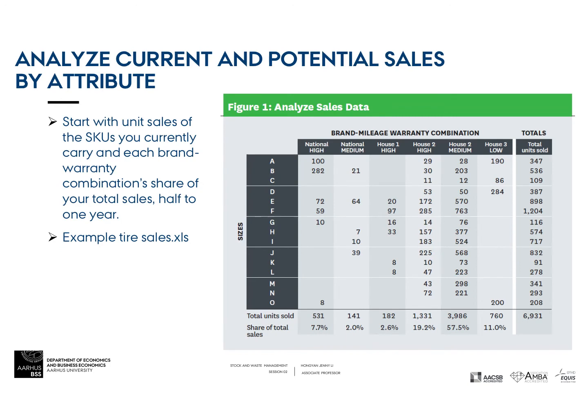Here you can see the historical data, the start of the analysis. First, collect the data from the previous sales. On the top you have 6 combinations of the brand and mileage. This is addressed in the article, why only 6 combinations are considered.